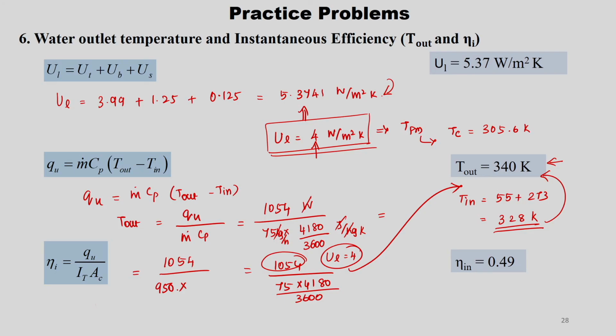So, 2.08 into 1.07. If you calculate, eta I is coming around 0.49 or 49 percent. So, this is the way you calculate the instantaneous efficiency and outlet temperature of the fluid for the given data, whatever we discussed in the problem.